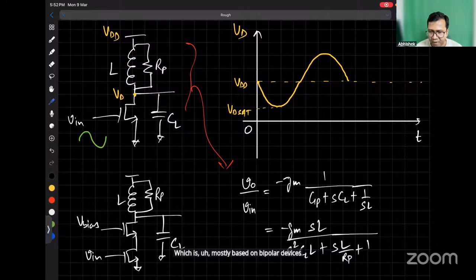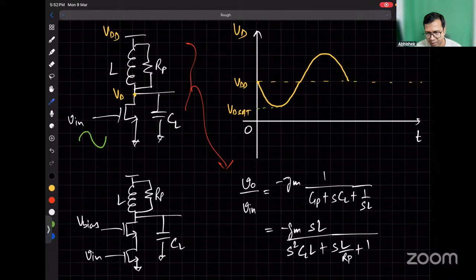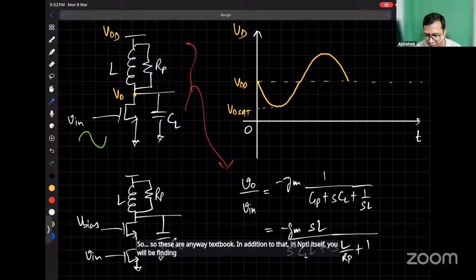But those bipolar device techniques can also be used for CMOS devices. In addition to that, in NPTEL itself, you will find very good video lectures which talk about analog circuit design, analog IC design.